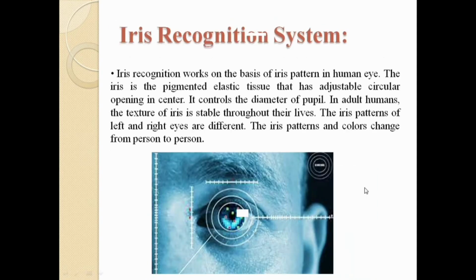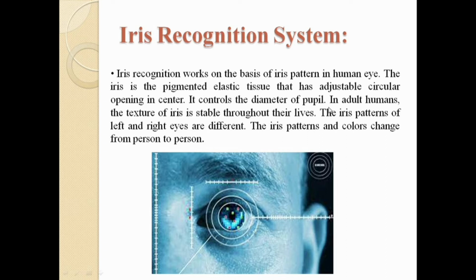Next, the iris recognition system. Iris recognition works on the basis of the iris pattern in a human eye. The iris is the pigmented elastic tissue that has an adjustable circular opening in the center. It controls the diameter of the pupil.